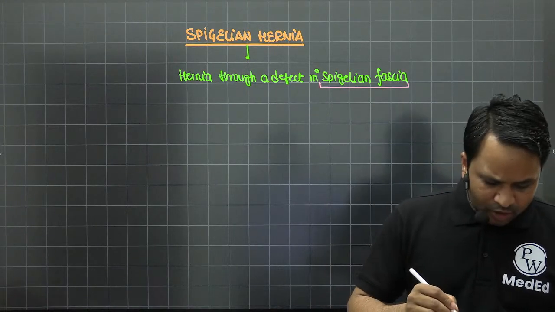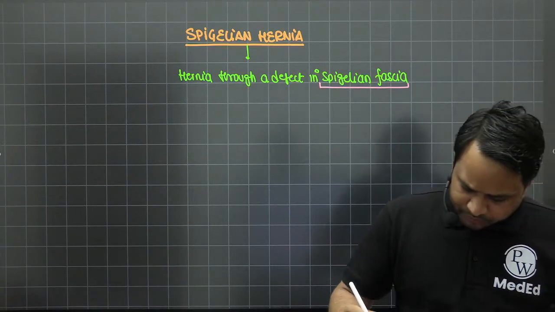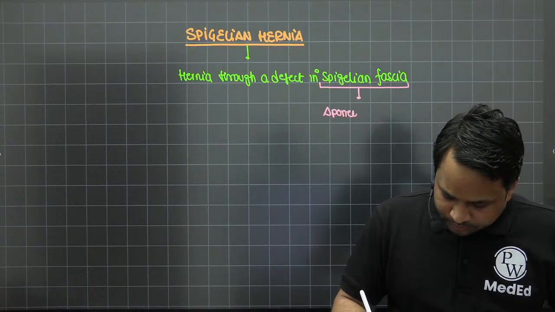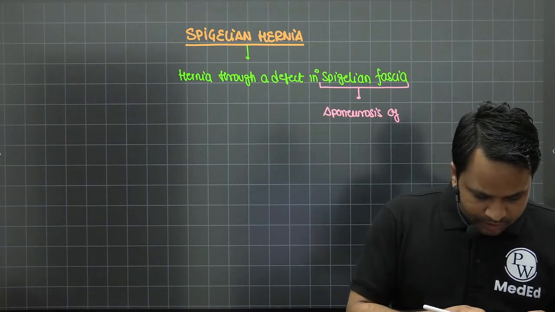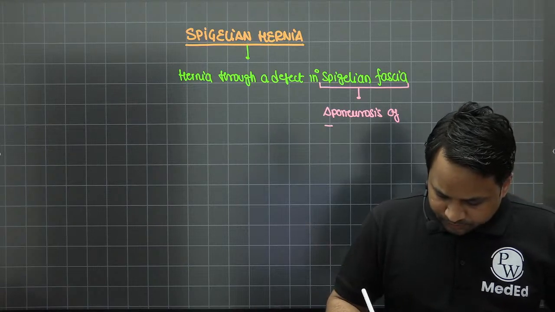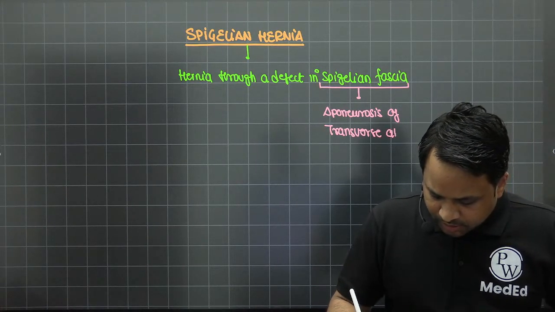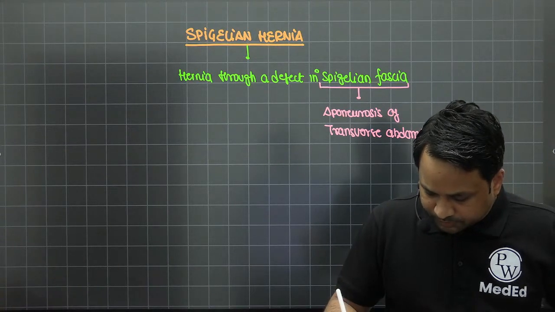To be very honest, when we say Spigelian fascia, it is nothing but the aponeurosis of the transverse abdominis muscle.